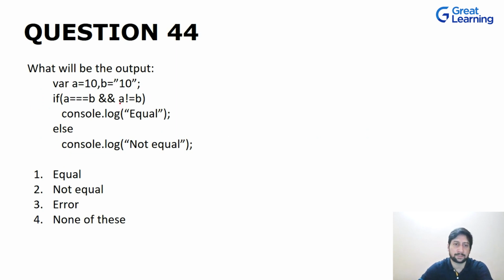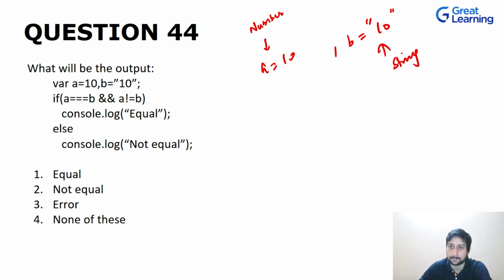In this question, it is again fairly simple. We have two variables, a equal to 10 and b equal to 10. Again, the data type of a is number and the data type of b is string. Now in this case we are checking if a is triple equal to b.